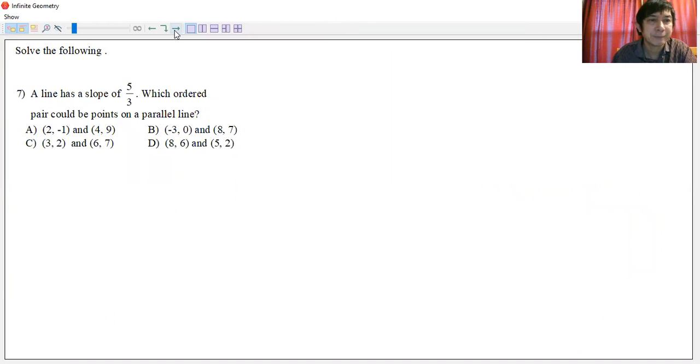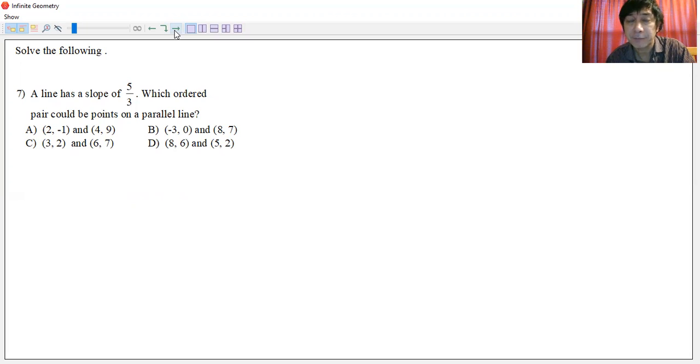Here is number 7. A line has a slope of 5/3. Which ordered pair could be points on a parallel line? Letter A has 2 points given, letter B has 2 points, letter C has 2 points, letter D has 2 points.